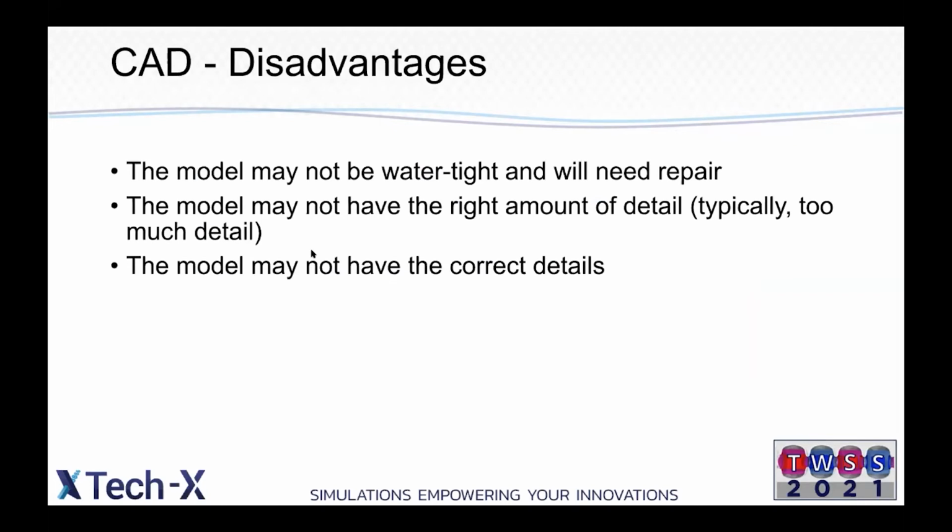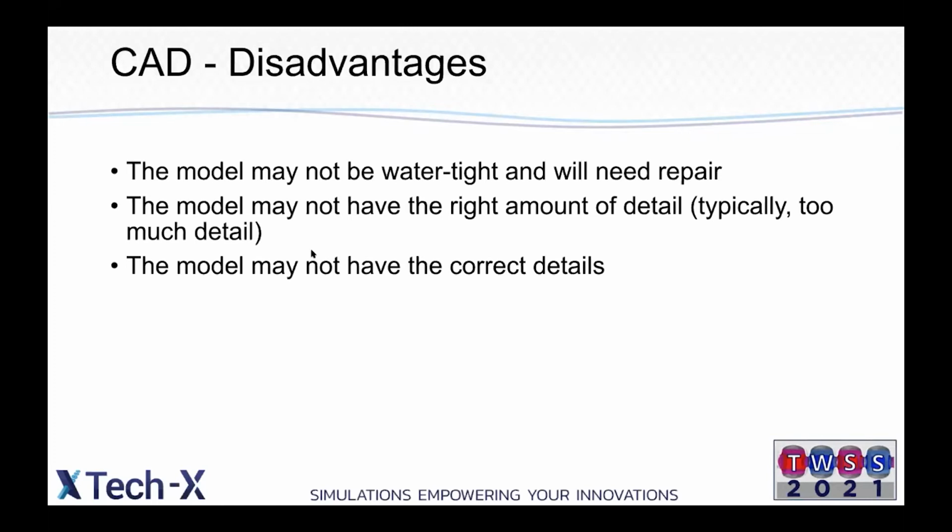Disadvantages of CAD. CAD models are often going to need repair. They have missing parts, or they have parts that overlap that shouldn't overlap. And a lot of this depends on what the original model was created for.